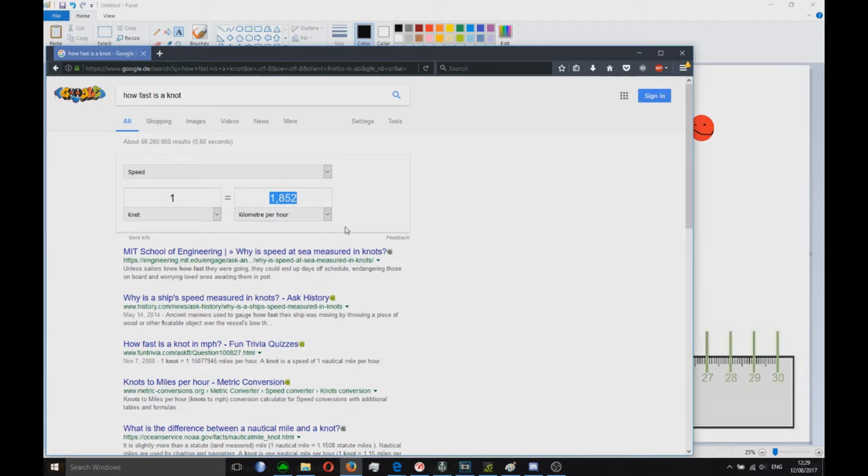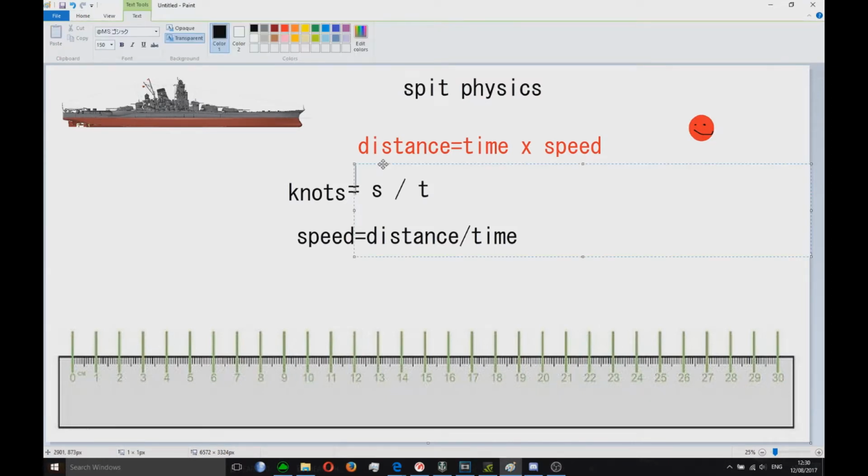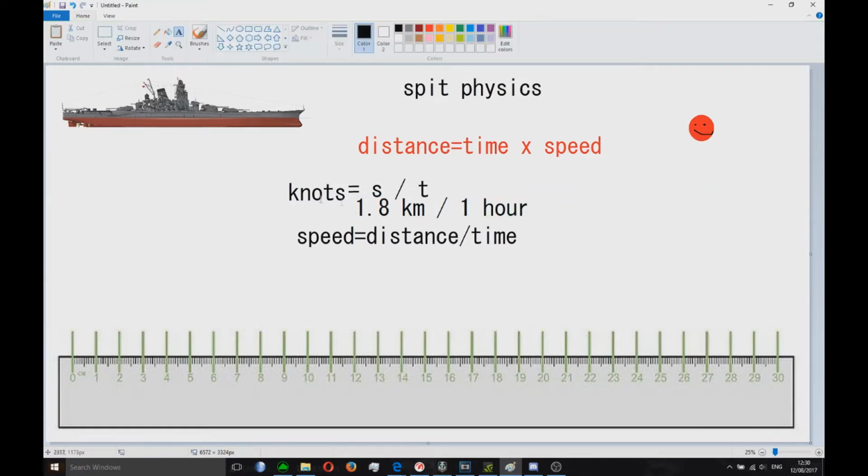Ignore the comma. I'm in Germany. So we've got our units now. So it's about 1.8 kilometers per 1 hour. That's s, and that's t. So really, I guess what I'm just proving is that you can apply this equation to just about any situation.